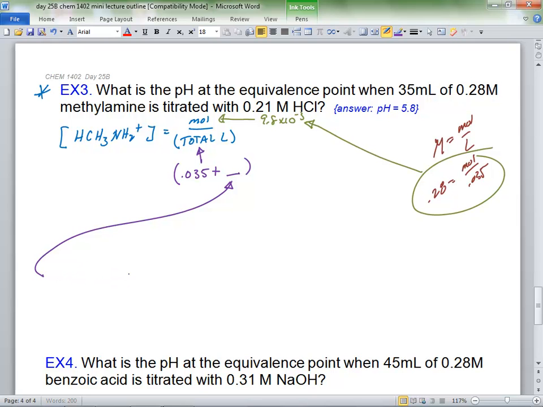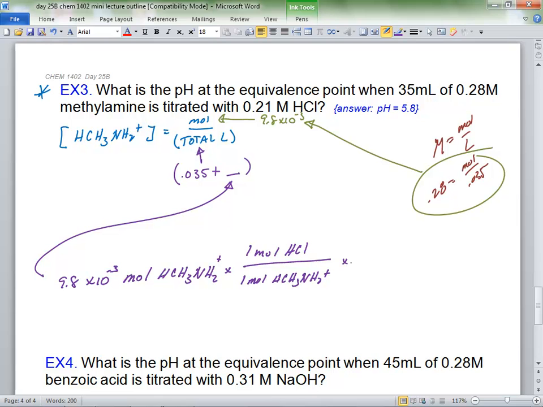So I'm going to do it that way. You get 0.047 liters or so.